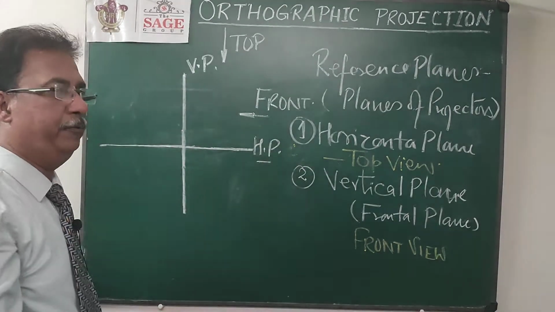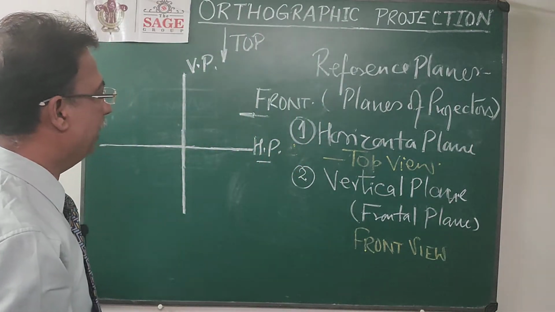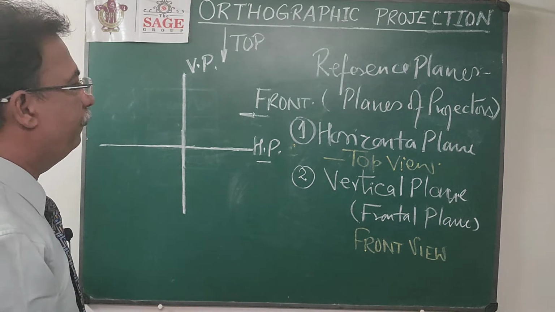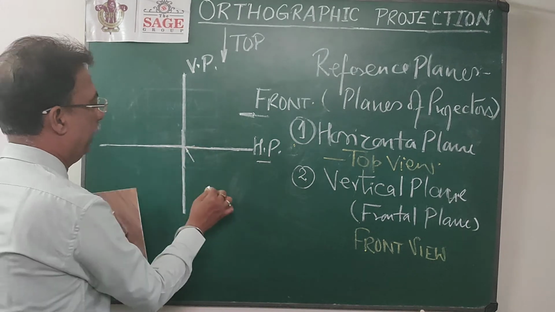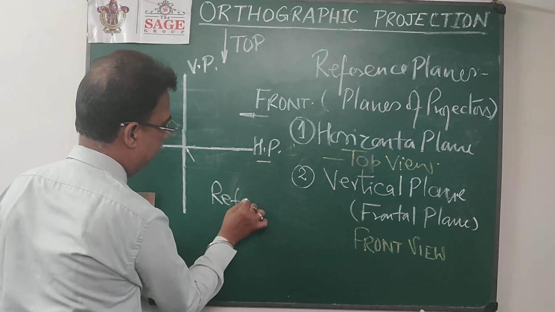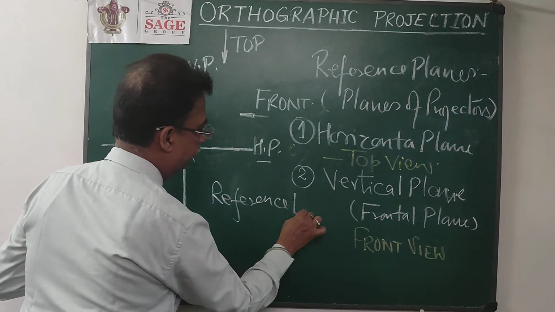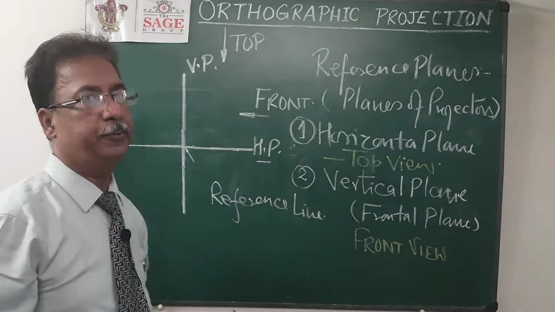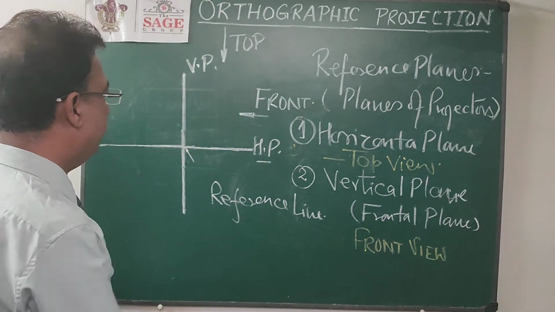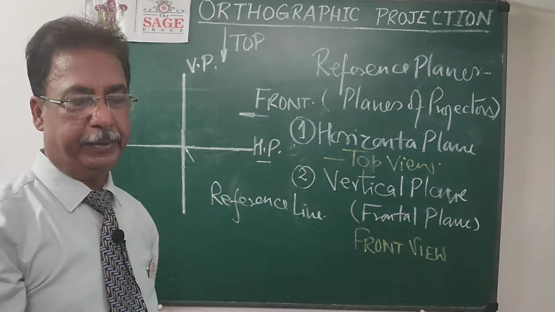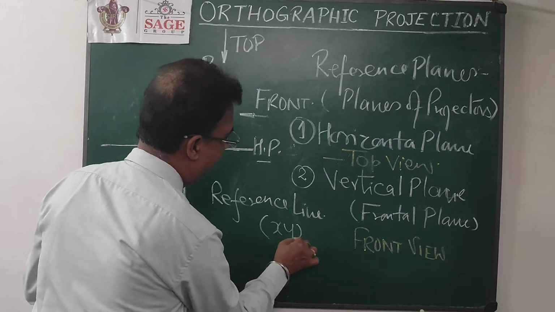And one important thing: the intersection of these two will be known as the reference line. The reference line is the most important line in projection, and it is the intersection of the horizontal plane and the vertical plane. So where the horizontal plane and vertical plane meet, that will be the reference line, always denoted by a small xy.